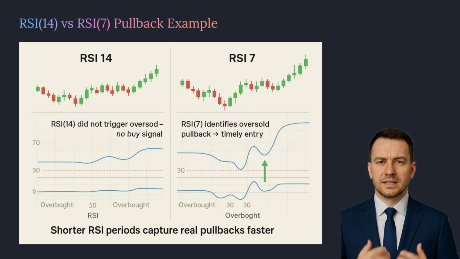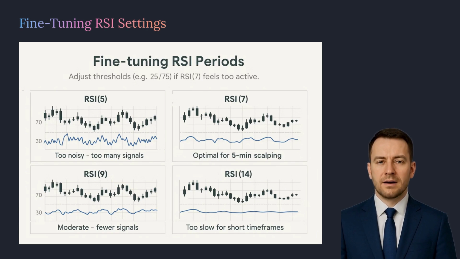This demonstrates why the 7-period RSI is best suited for this scalping strategy. It reacts quickly to price swings on the 5-minute time frame, catching extremes that a longer period RSI might overlook. If you find the RSI 7 still gives too many signals for your taste, you can experiment with slightly higher periods like 9 or 10, or adjust the overbought/oversold thresholds a bit, e.g., 25/75 instead of 30/70, to make the criteria a touch stricter.